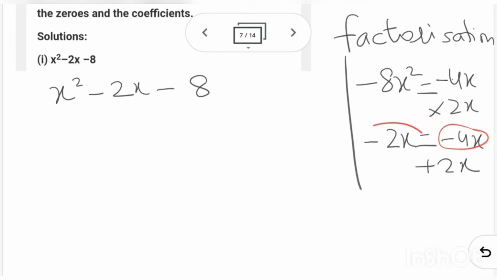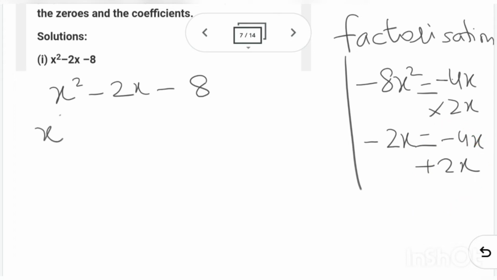So this is how we can split the middle term. It can be written as minus 4x plus 2x, because 4 twos are 8, and 4 minus 2 is 2. But we need a minus sign here, so we keep the minus sign with the bigger number. Now we replace minus 2x with the two terms into which we have split it.